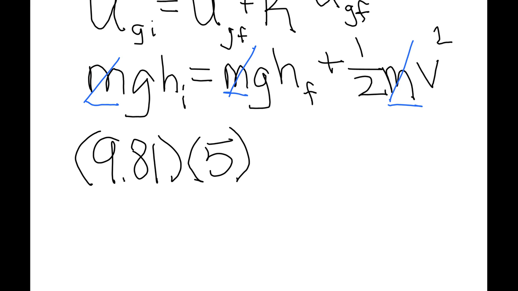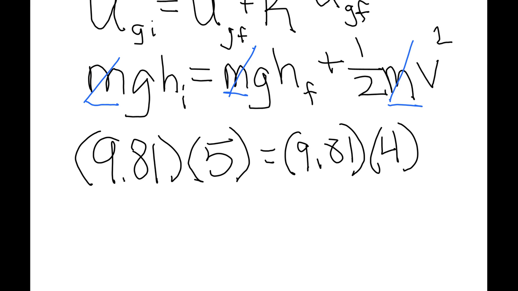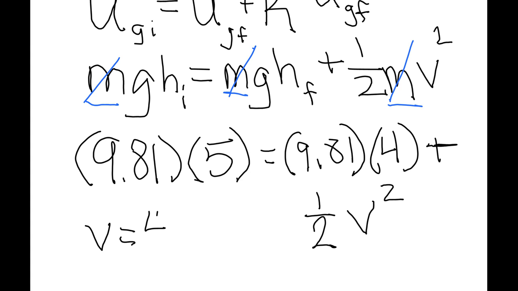It's not negative, so be careful there. Don't plug in negatives. So plugging everything in, we end up with the following equation, and we can solve for that v. We can solve for that final speed. And when we solve for that, we get the final answer that v is equal to 4.43 meters per second.